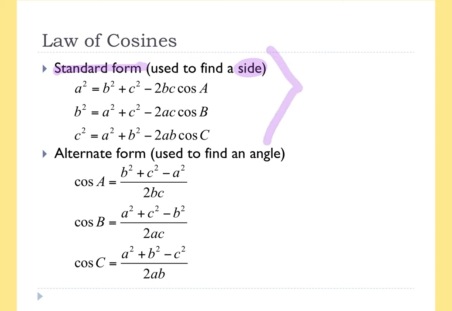So this is for your side angle side. I'm given two sides and the included angle. I get one of each letter, two sides and the included angle.